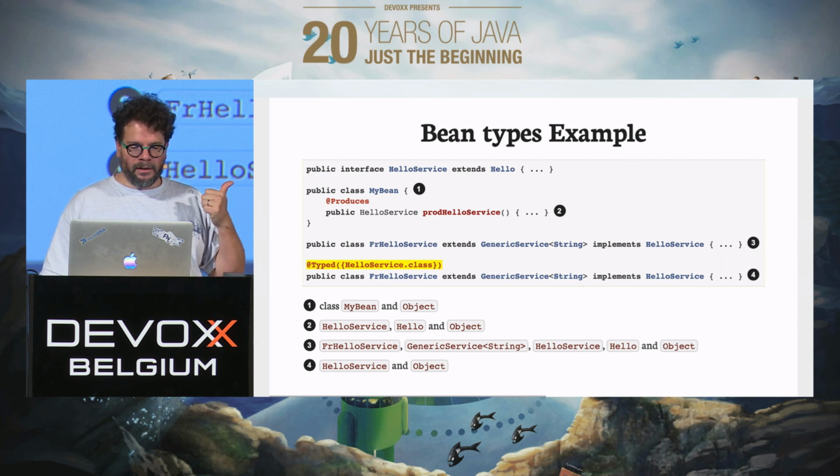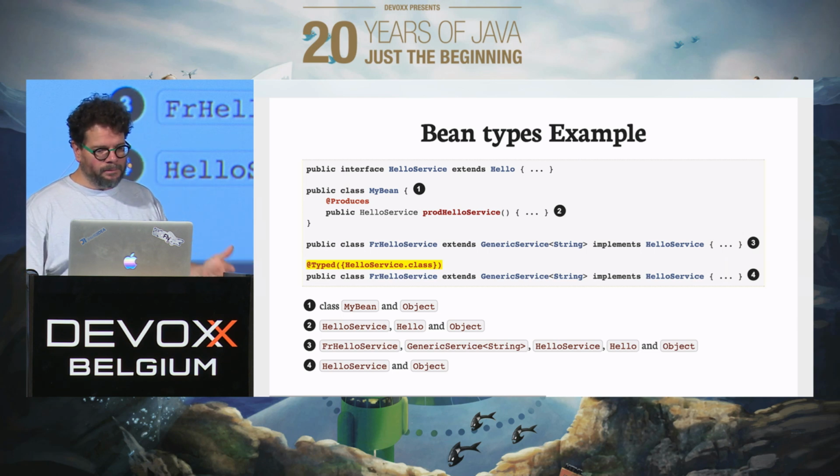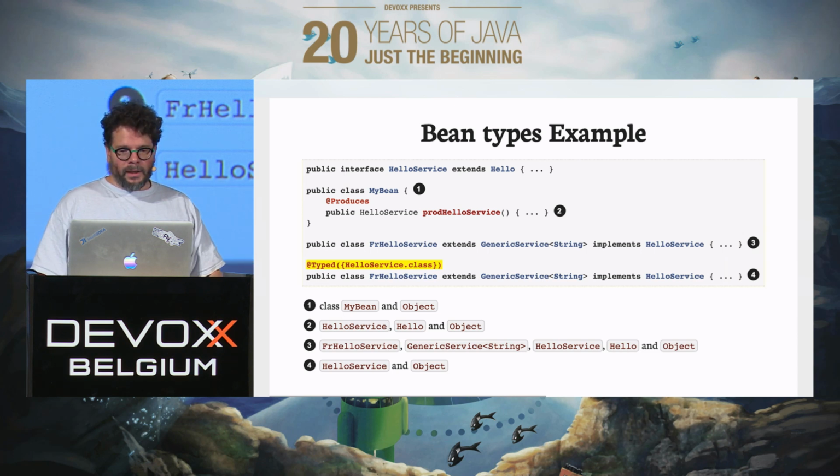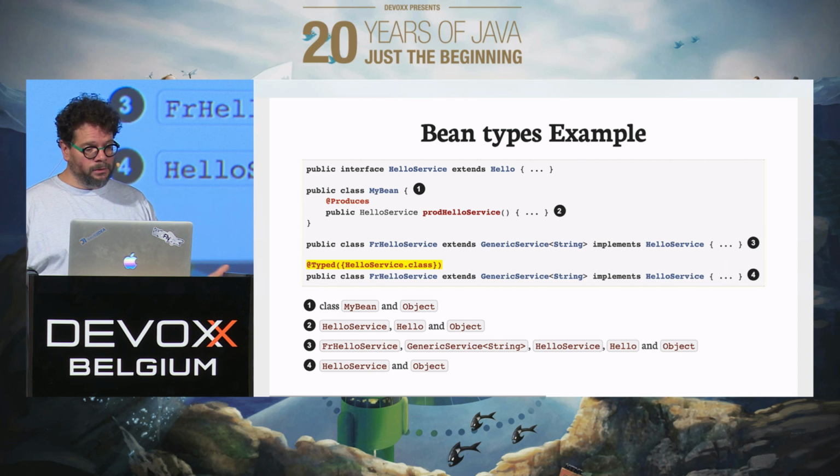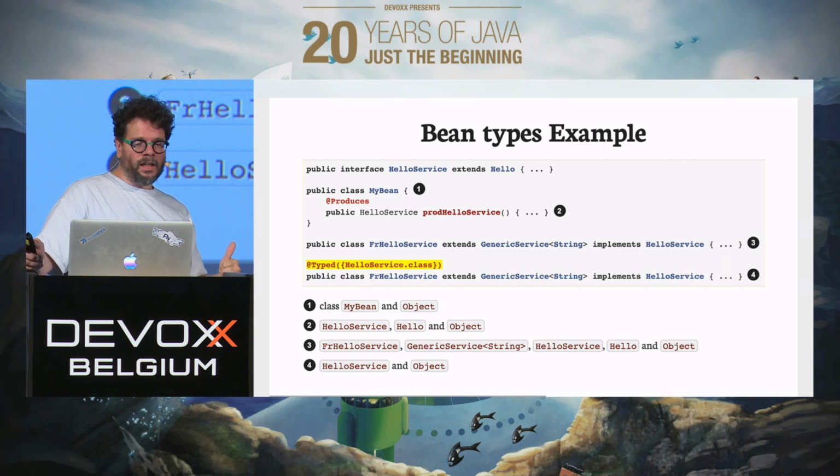So it will have the HelloService type, and Object. The third one will have as types FrHelloService, GenericService of String, HelloService, Hello, and Object. And the last example, which uses the @Typed annotation, in which we restrict the type to the HelloService class, will only have HelloService and Object as types.